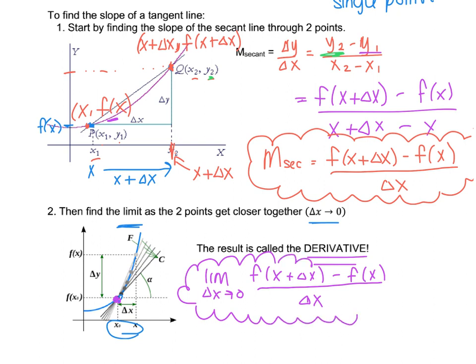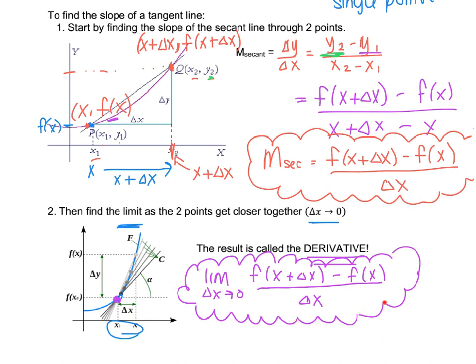Now, instead of just starting with this complex formula, I wanted to slowly build it, because again, understanding the concept of what a derivative is is so much more valuable than learning all of the shortcuts and roundabout ways to calculate the derivative. When we get into the next section where you learn those shortcuts, it's going to be easy for a lot of you, but understanding this concept is really important in terms of understanding calculus.